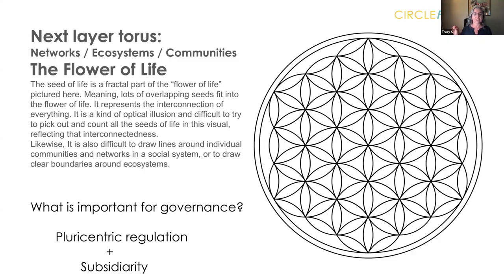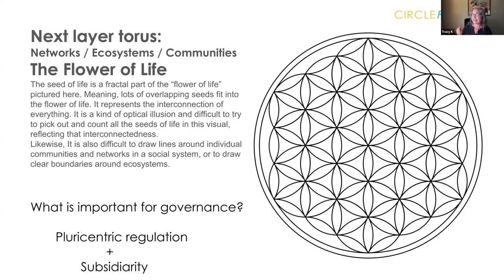The seed of life that we just saw is a fractal part of the flower of life, and the flower of life can keep going. This is a classic number, but again, it can keep adding circles. Lots of overlapping seeds fit into the flower of life, and it represents the interconnection of everything.